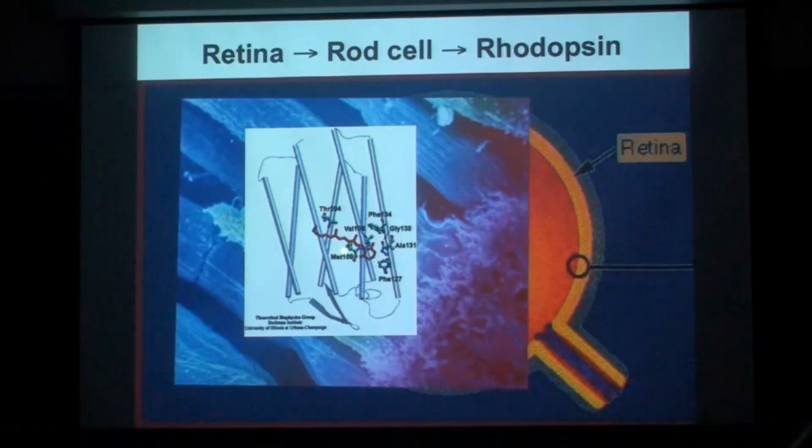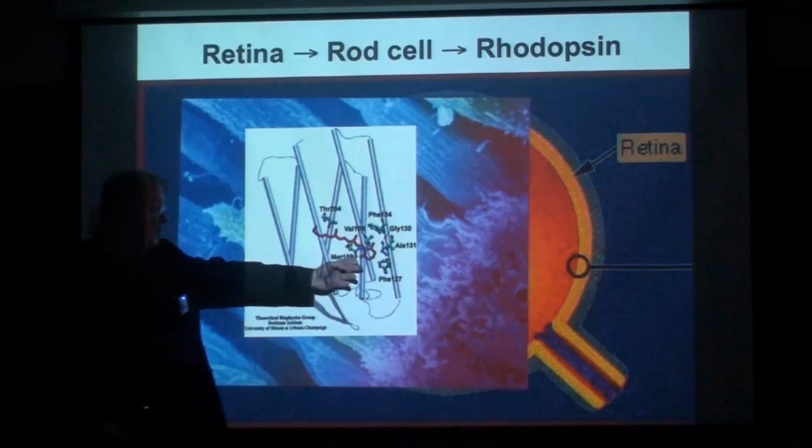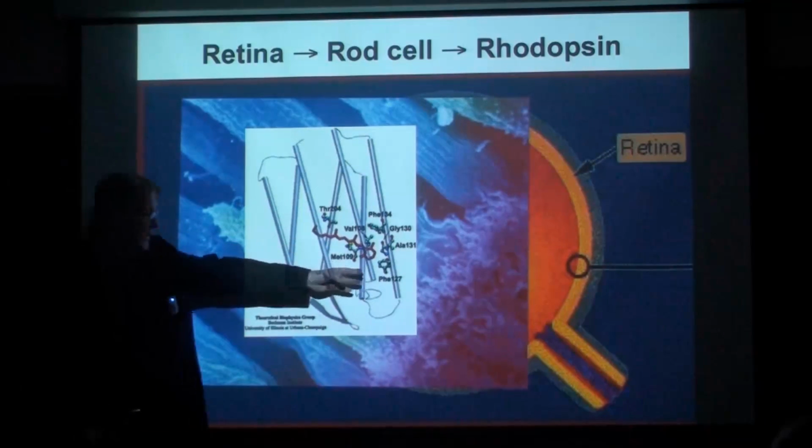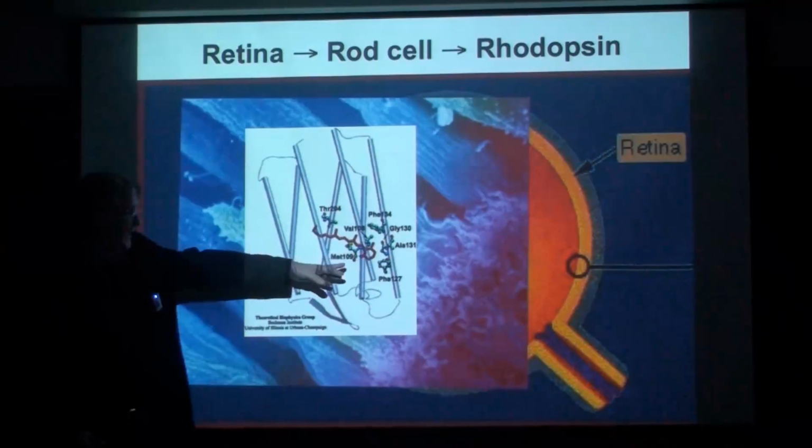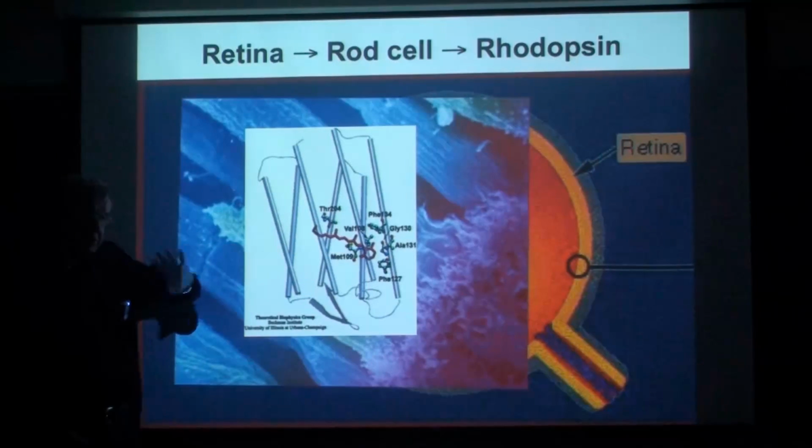And the reason why the retinal can absorb different wavelengths is that it's surrounded by molecular side groups of the protein that shift the spectrum.